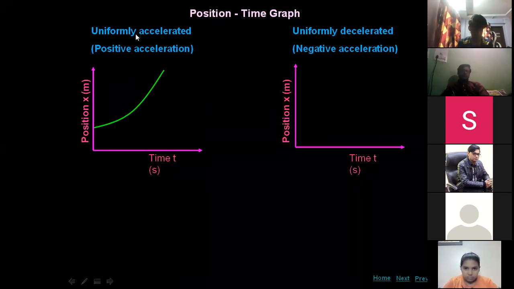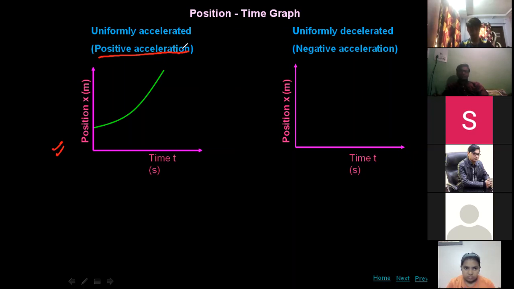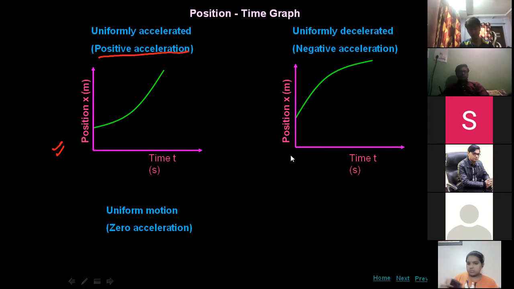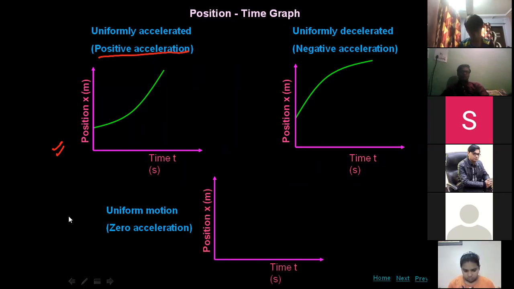So this side, uniform acceleration. This left hand side graph is positive acceleration. On the right hand side, it is deceleration. Uniform motion, zero acceleration, is the straight line.